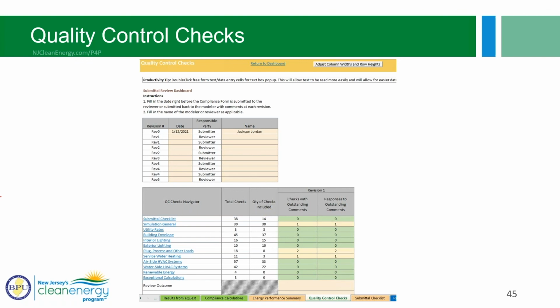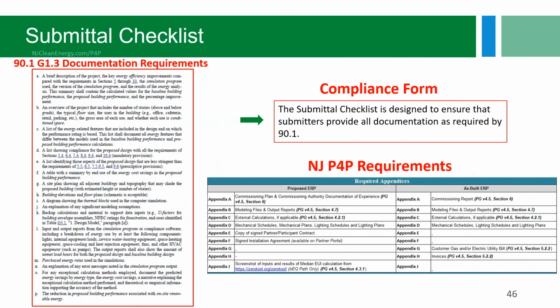And then there's the submittal checklist. So just so everyone knows, the submittal checklist was developed based on the reporting requirements of 90.1. And they're not exactly the same as the P4P program requirements.